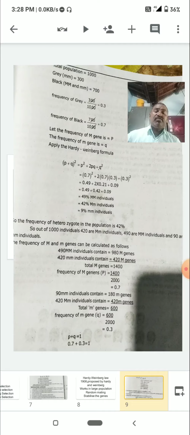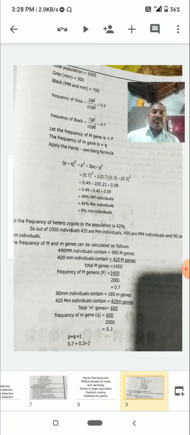And frequency of black is 700 by 1000, so that is equal to 0.7. Let the frequency of capital M gene be p, and the frequency of small m gene be q.